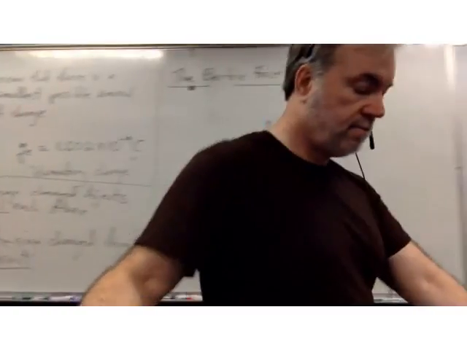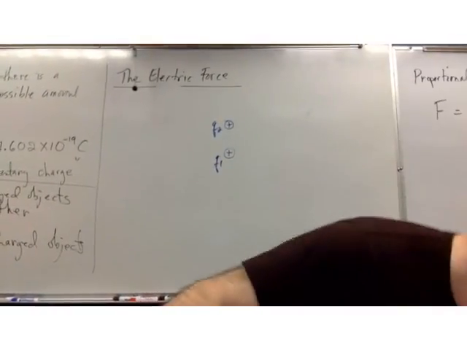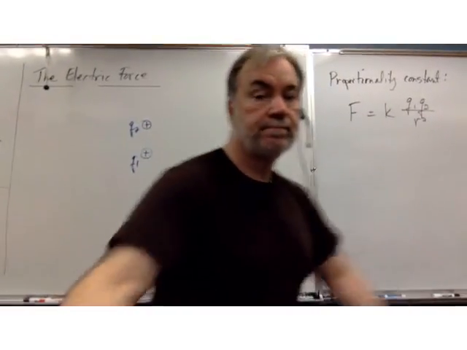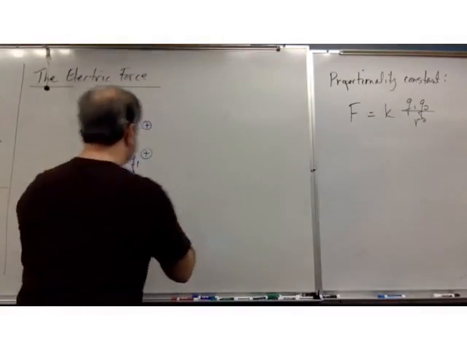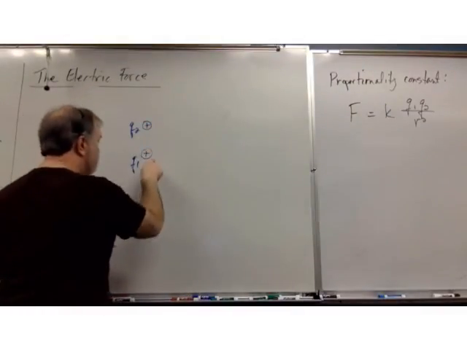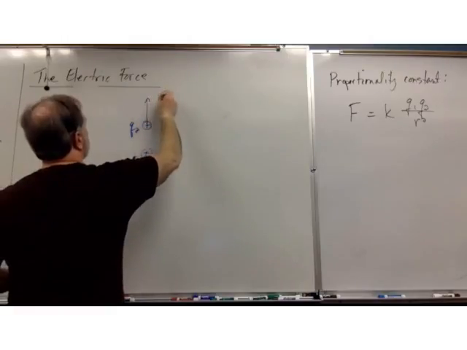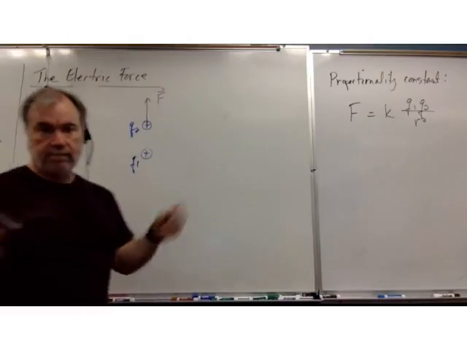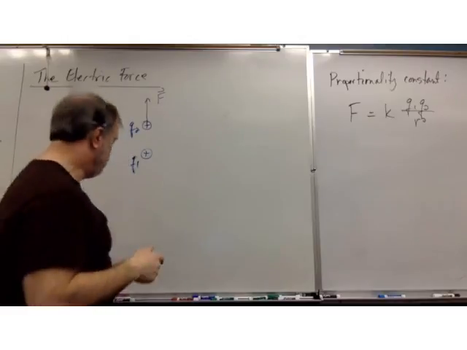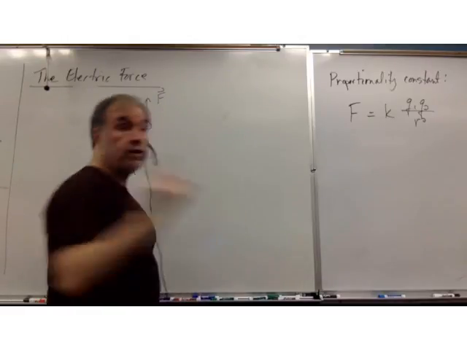So here, in this drawing, they have the same sign, so Q2 is going to be repelled by Q1, and so the force vector that I should draw will point like this. Okay? That would be the positive y direction if I used the coordinate system that I did before, but I'm not going to.